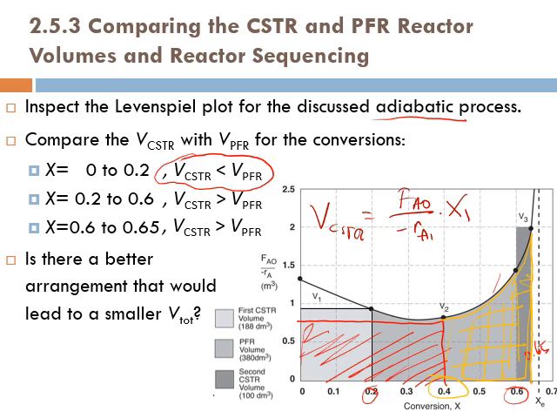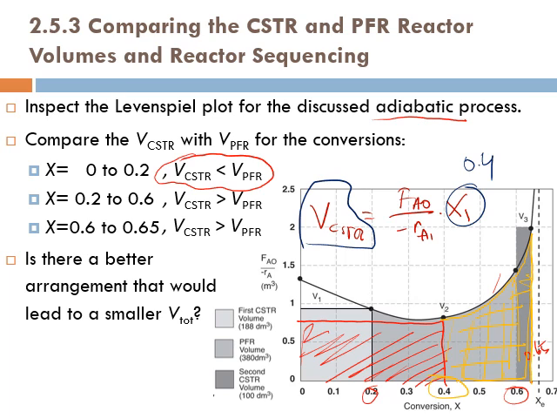So you know that you want x1 to be 0.4, and therefore you design the reactor. You design, meaning you make the volume the needed volume.